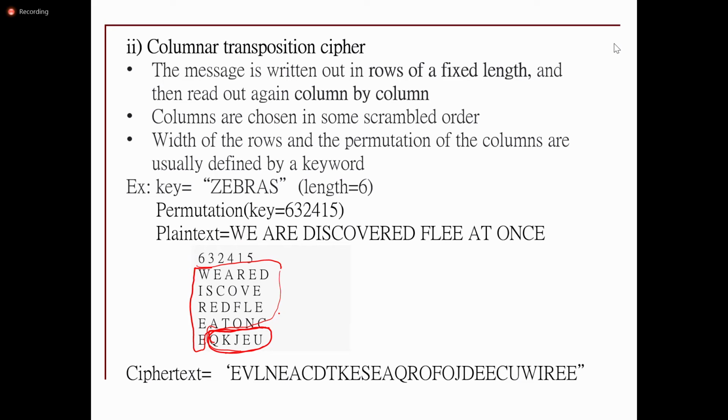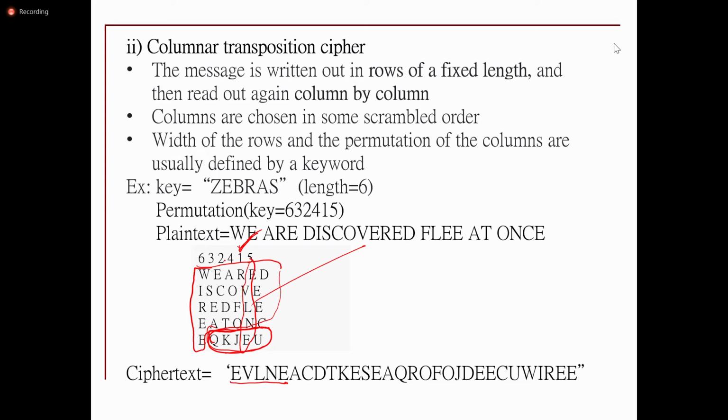we have to take the first column. So while writing the ciphertext, we need to take column wise alphabets. In column 1, wherever the number 1 is there, we have to take that column. So that column is E, B, L, N, E. This is the first column, so it should be written over here.